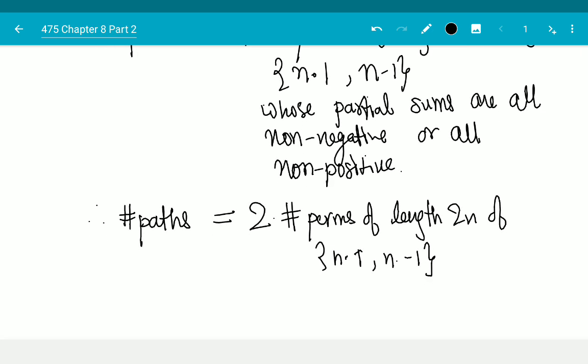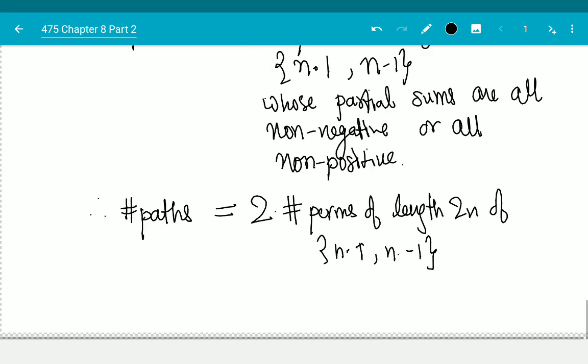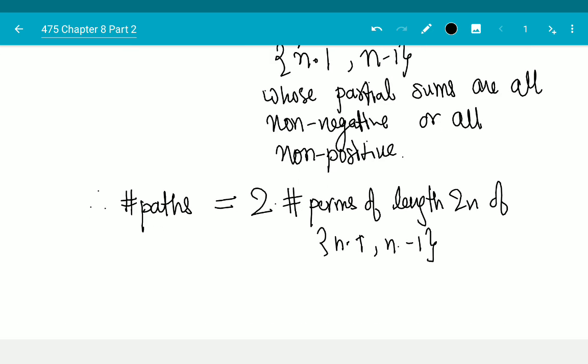Well, non-negative or non-positive, the number of sequences is going to be the same thing. Take a sequence up there, flip it completely, hit everything with a negative. That gives you a sequence with all non-positive partial sums.